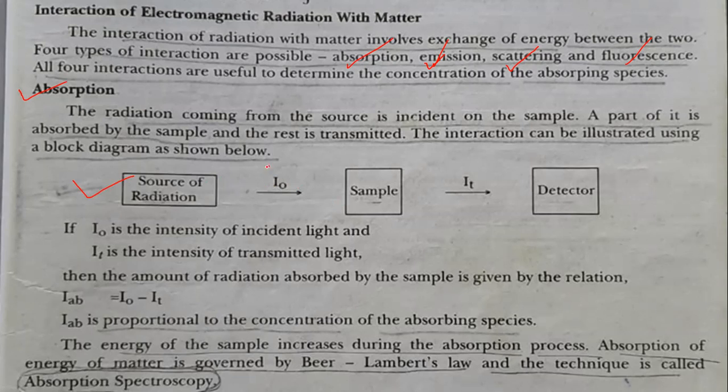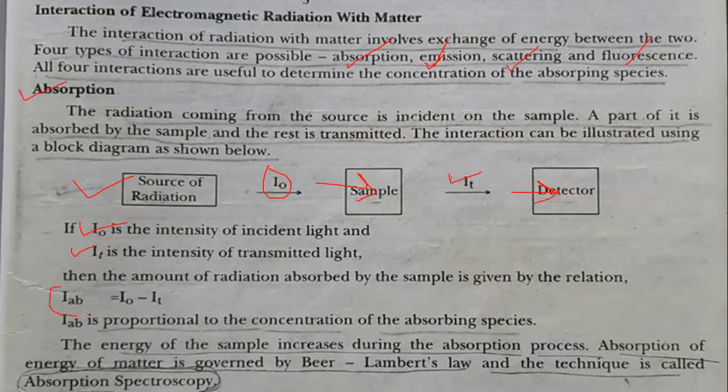When the incident light I0, the intensity of incident light, falls upon a sample containing atoms or molecules, some of the light is transmitted, and the transmitted light is detected in the detector. IT is the intensity of transmitted light.